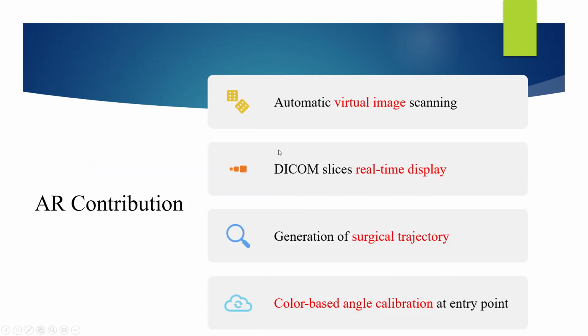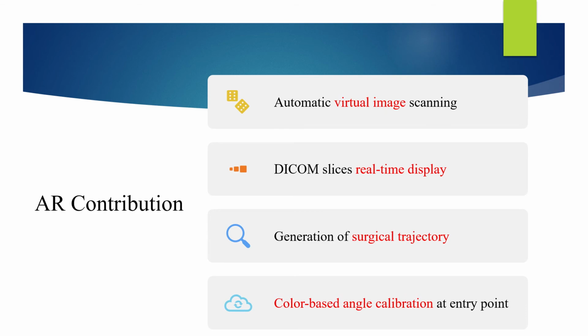Right. So let's talk about the AR contributions in my thesis. They consist of automatic virtual image scanning and several auxiliary functions, including DICOM slice real-time display, the generation of the surgical trajectory, and color-based angle calibration.